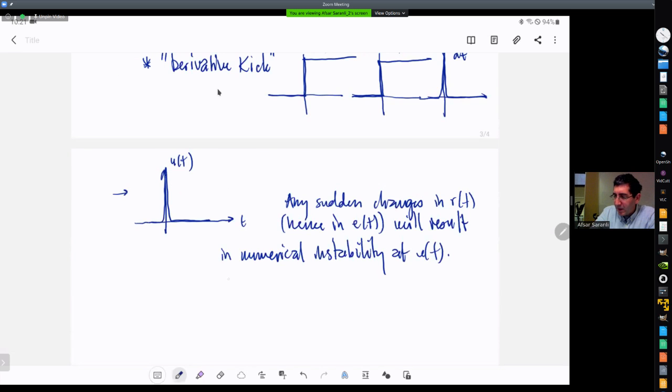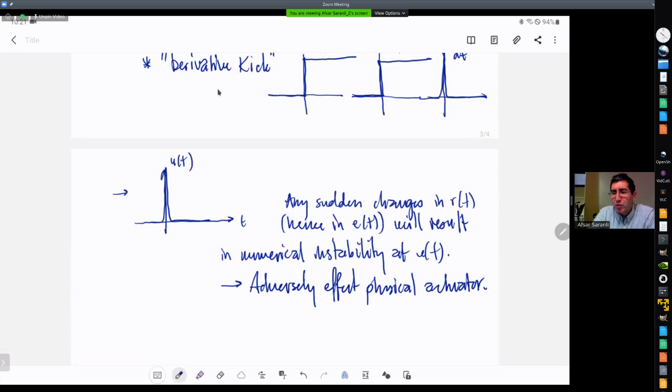This will adversely affect physical actuators. Let's say if this is a motor, you will suddenly inject a large amount of current to the motor. If this is a mechanical device, you will suddenly jolt the device with an unnecessarily large value.